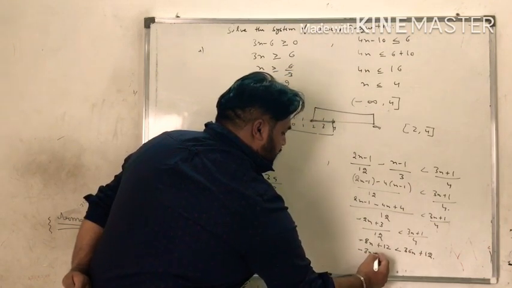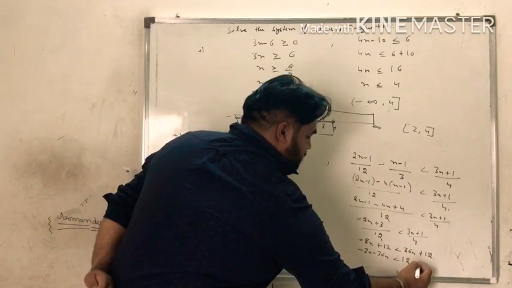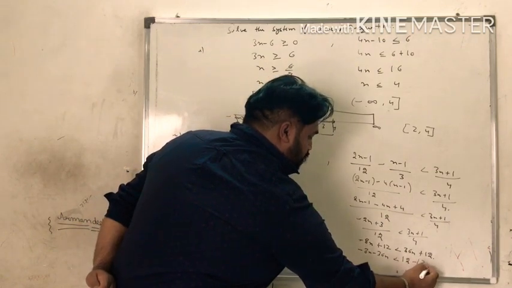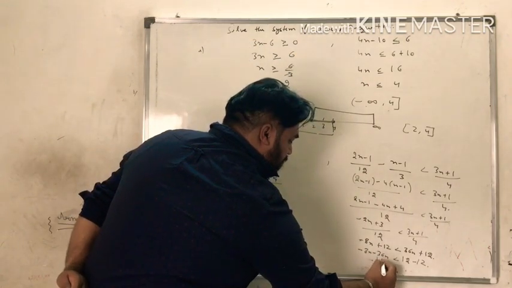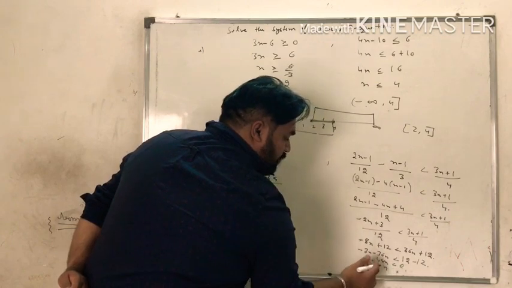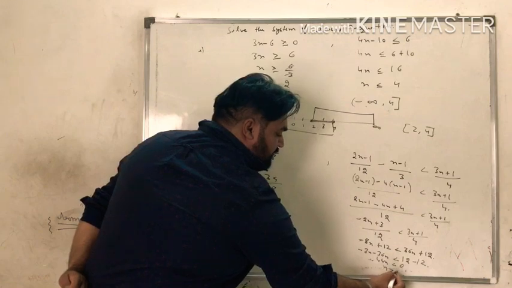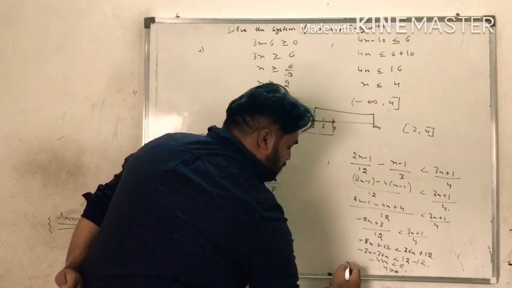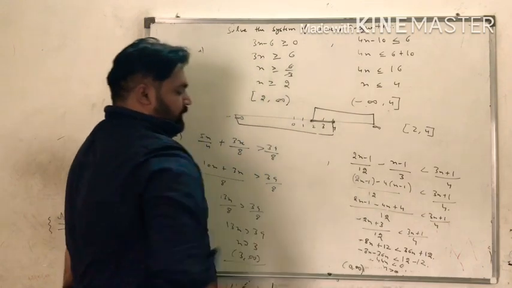So minus 8x minus 36x less than 12 minus 12. So minus 44x less than 0. So whenever the sign shifts to this side, the inequality sign changes, x is greater than 0. So this becomes 0 to infinity.